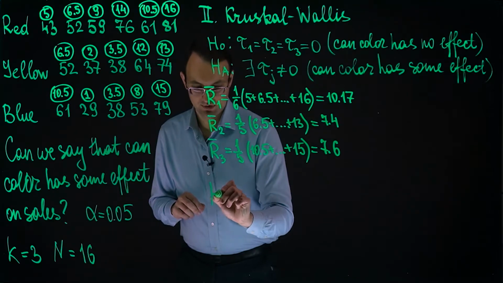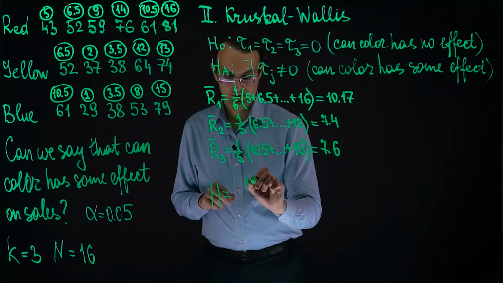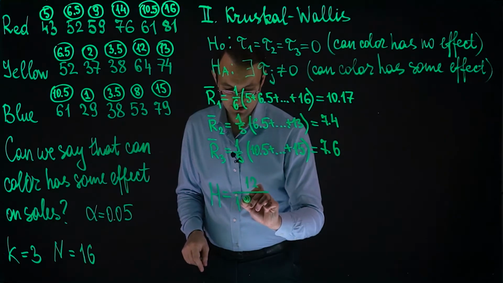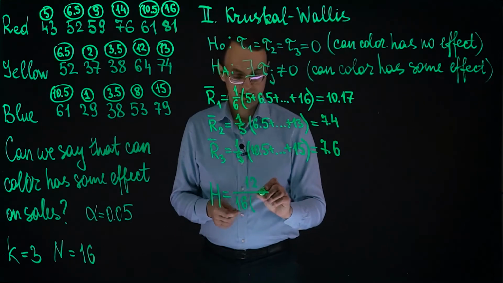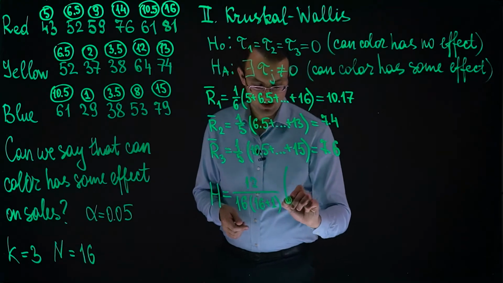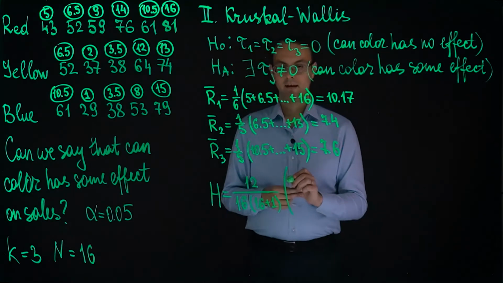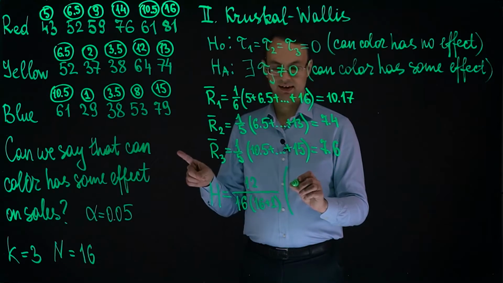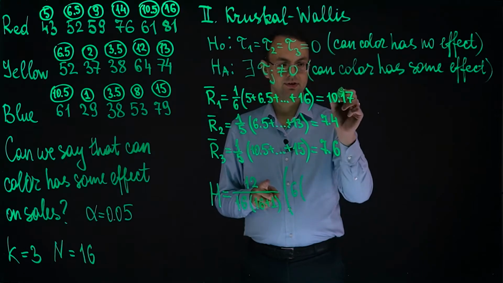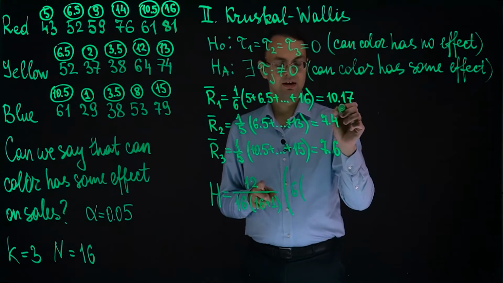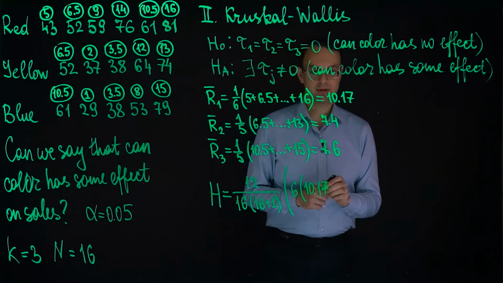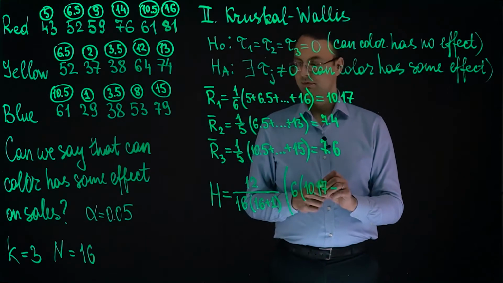So H is 12 divided by capital N, that is 16, times capital N plus 1, 16 plus 1, and here I have the sample size 6 multiplied by the squared difference between the mean rank for this sample, 10.17 for the first sample, minus (N plus 1)/2.